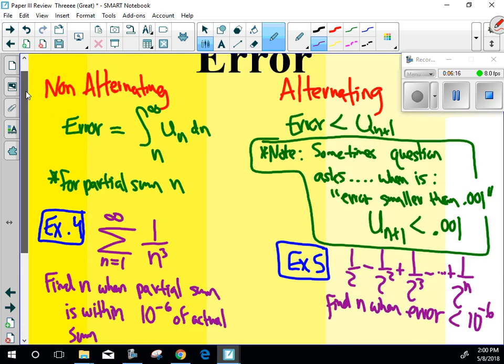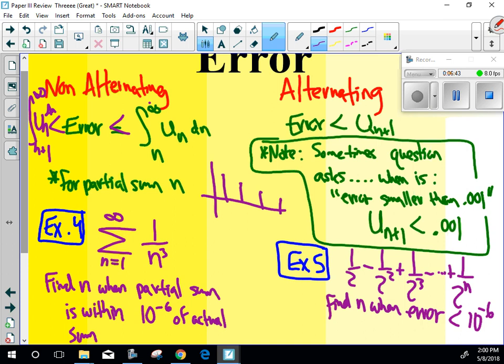And then this is the part people ask me all the time. What about the error? Non-alternating is we found that the error was somewhere between the integral from n to infinity of u of n dn and the integral from n plus 1 to infinity of u of n dn. See, they're going to be decreasing terms like this. If you go to the n, and here's n plus 1.